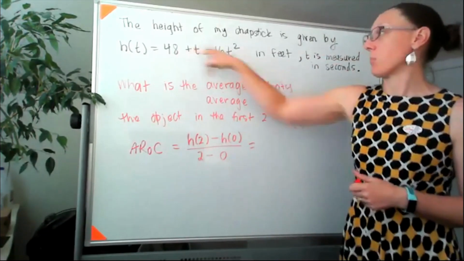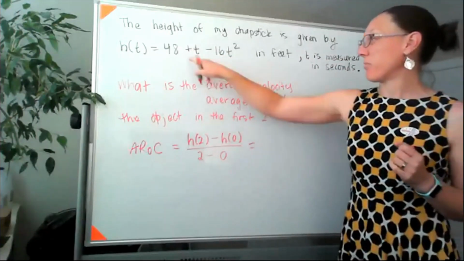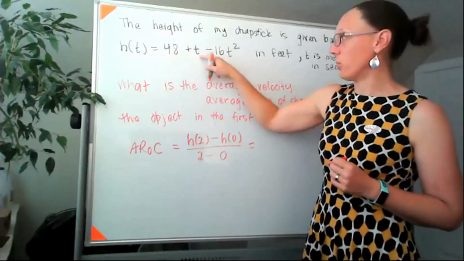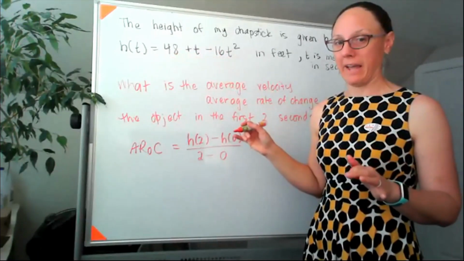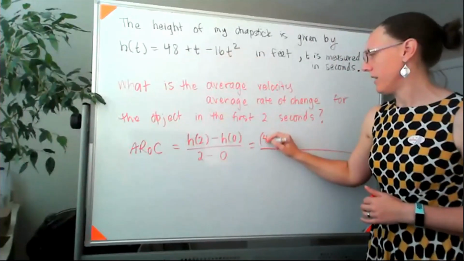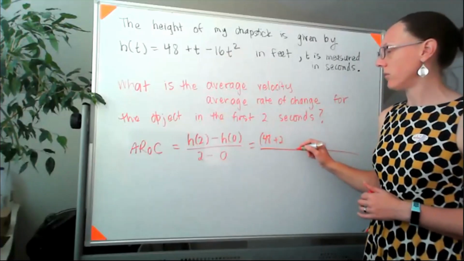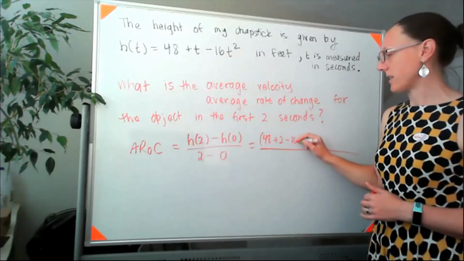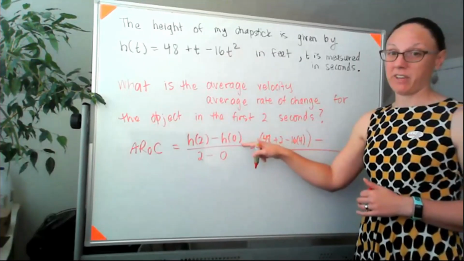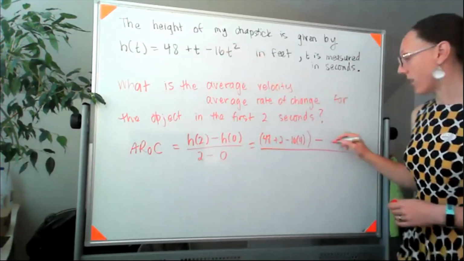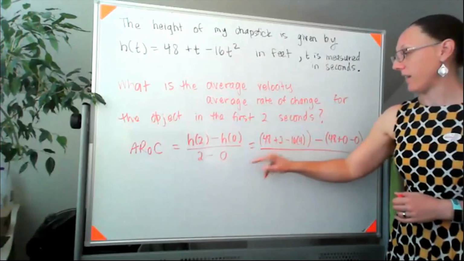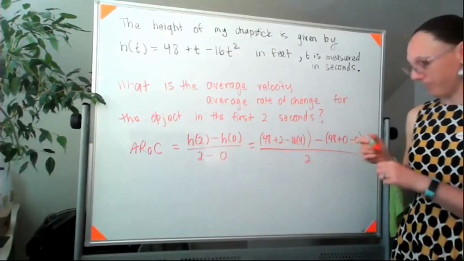I'm not trusting myself to do math in my head today, so let's just write it out. h of 2 would be 48 plus 2 minus 16 times 4. And then we'd be subtracting off h of 0, which is 48 plus 0 minus 0. And all of that over 2 minus 0, or just 2.